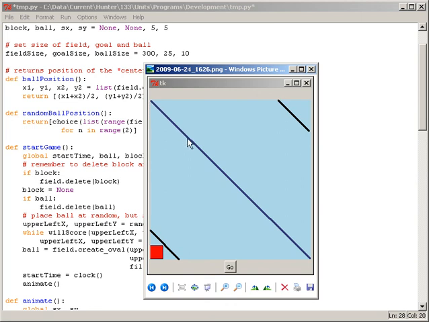Consider the positions along this dark blue line. Here we're 0 over and 0 down. Here we're 100 over and 100 down. Here in the middle, 150 over and 150 down.